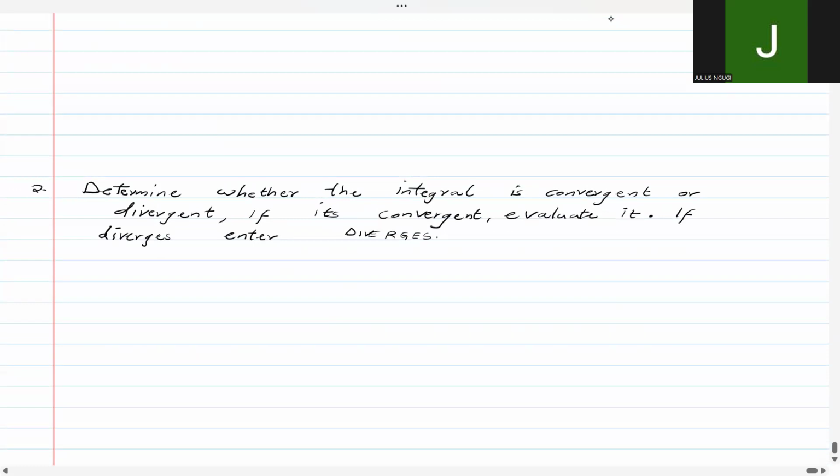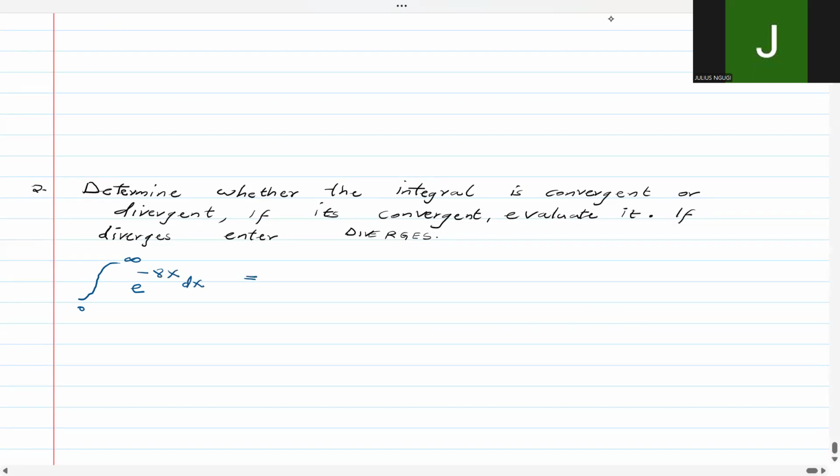Finally, let's determine whether the integral is convergent or divergent. If it's convergent, evaluate it. If it diverges, enter diverges. So we have the question: integral from 0 to infinity of exponential minus 8x with respect to x.